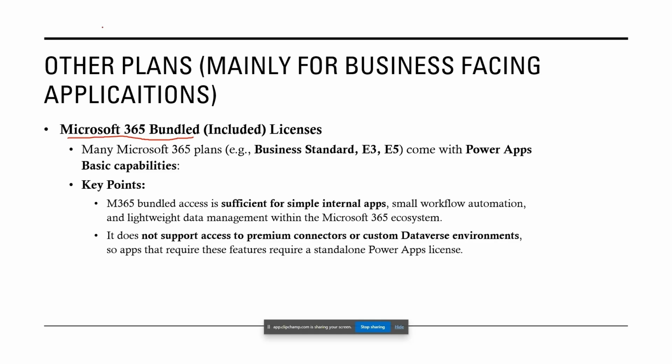Businesses are anyways going to need those programs like Word, PowerPoint, Excel, and they are going to buy a plan. And there are many tiers like E3, E5, and all. You can read more about what is given in these pricing tiers, E3 and E5, by going to Microsoft.com. And one of the applications that is bundled with E3 and E5 is Power Apps.